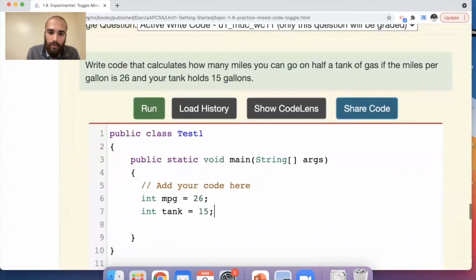Write code that calculates how many miles you can go on half a tank of gas. Okay, so I'll just go ahead and create a variable, why not? And I'll say double half tank is equal to whatever the tank is, divided by 2. Okay.